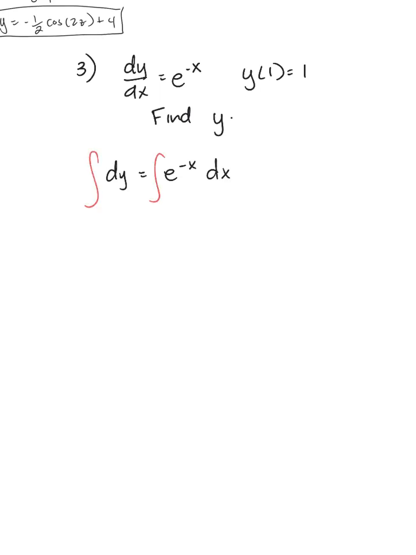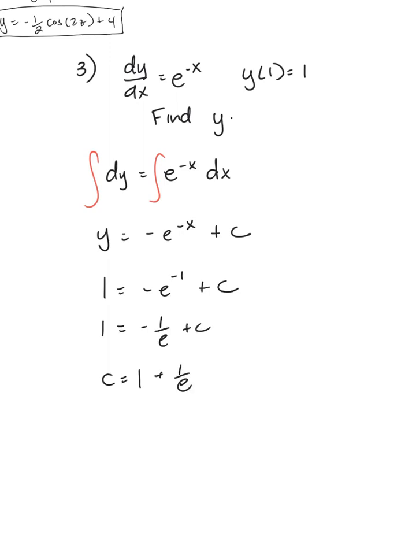Find the integral. y is equal to negative e to the negative x plus c. 1 equals negative e to the negative 1 plus c. 1 is equal to negative 1 over e plus c. c is equal to 1 plus 1 over e. So y is equal to negative e to the negative x plus 1 plus 1 over e.